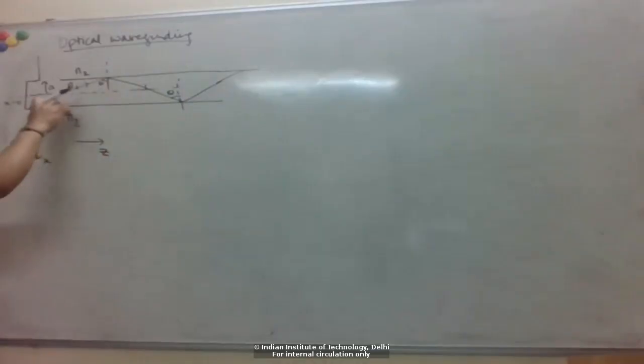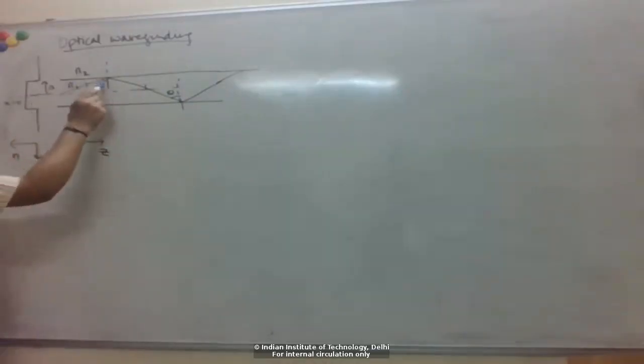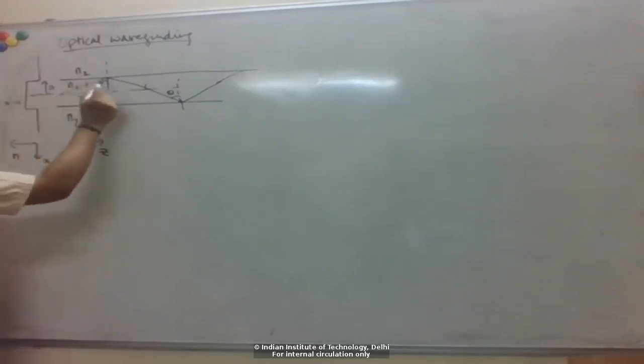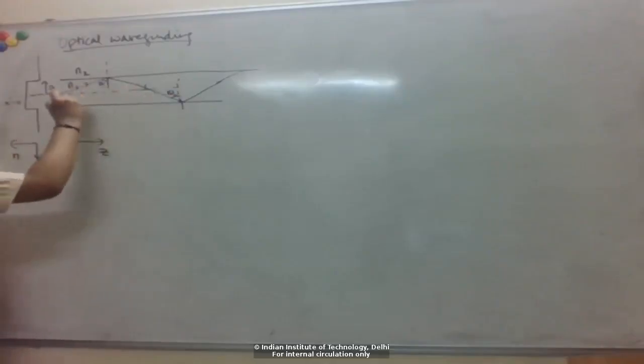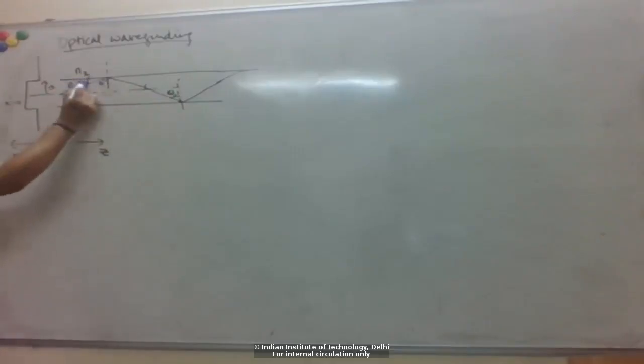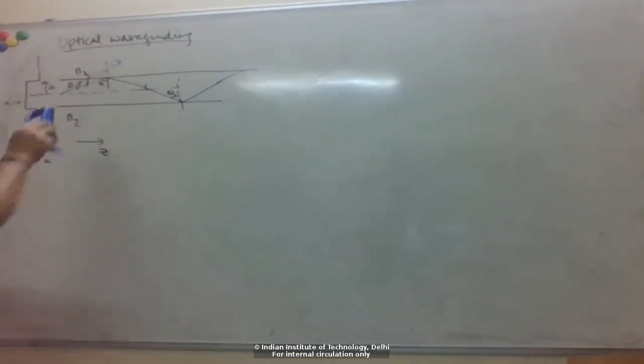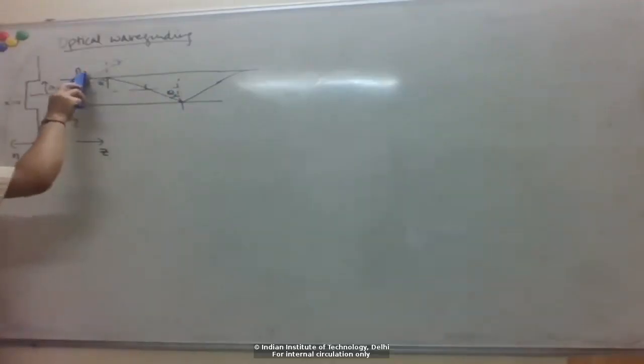The minimum angle here has to be theta c, so this theta has to be greater than the critical angle. If I have a ray like this, this angle will be smaller than the critical angle, so that will actually leak out. So those rays are not guided.